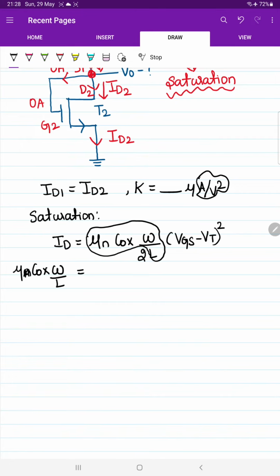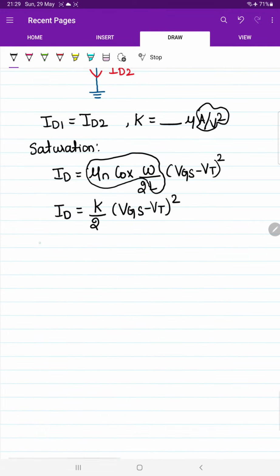Here they have defined it in microampere because the current is in microampere, that's why it was given in microampere. Okay, fine sir. Anyway, the conclusion is that K is talking about mu n C ox omega by L only. From this I can say this can be further defined as K by 2 into VGS minus VT whole power 2. I hope you all understood this.